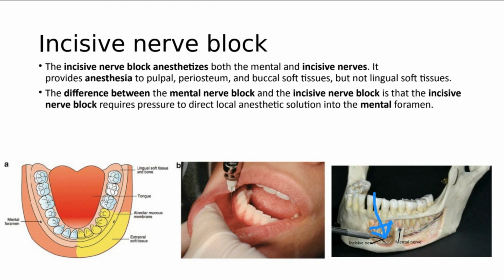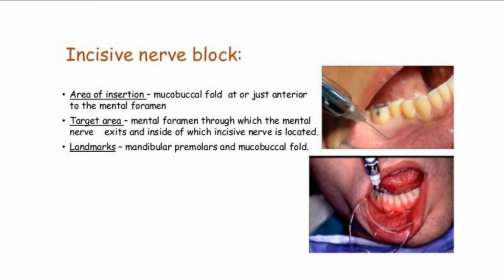So it will get inside, and you will get the incisive nerve blocked. And if that's the case, obviously the mental nerve will be blocked anyway. Okay, so you're getting the mental nerve on your way. And this is called the incisive nerve block.